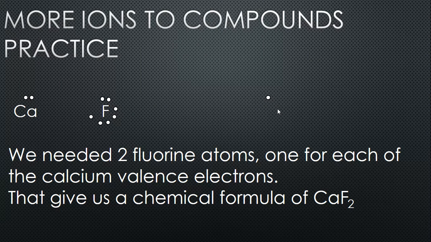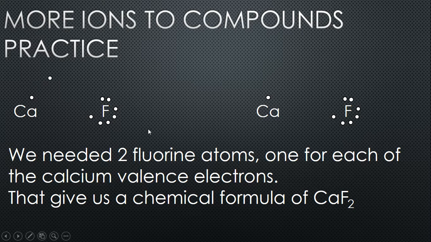So some more practice with going from ions to compounds, a little more complicated example. If I'm looking at calcium fluoride, all right, calcium, in order to achieve a noble gas configuration, in this case would need to lose these 2 valence electrons. But fluorine already has 7 valence electrons, so it only has room for 1 more, right?